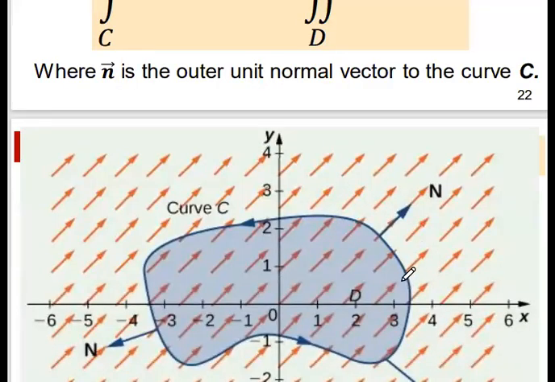We want to compute how much your vector field, it could be a force field or gravitational field, is spreading out across the boundary. This is perpendicular to the boundary, so we want to measure that.